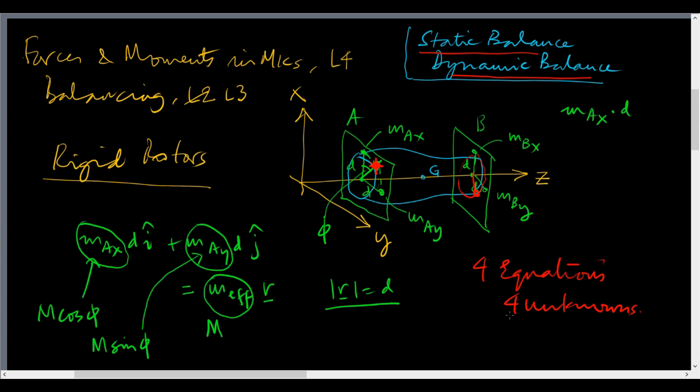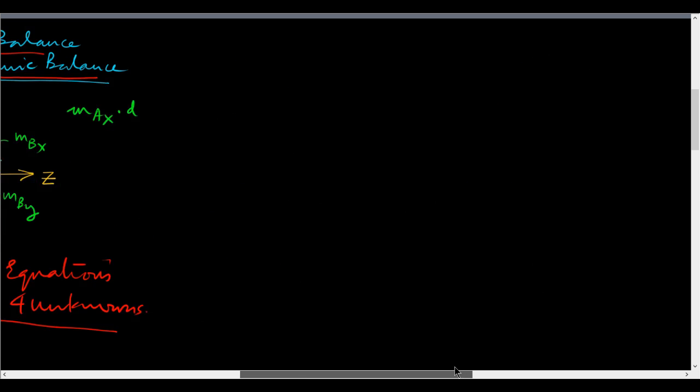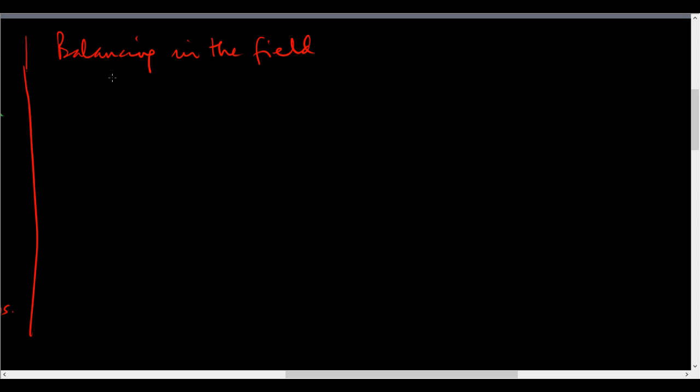And then I discussed the principles of balancing in the field, that is an experimental application of balancing. This is where we are coming now. By this I mean experimental, actually balancing it, not doing calculations.